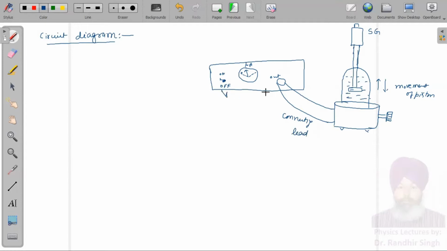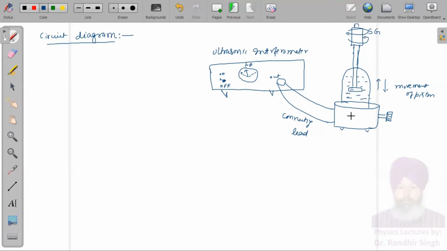This is ultrasonic interferometer. And we can rotate this screw either clockwise or anti-clockwise. So when we move this screw clockwise, it will go down. When we will move this screw anti-clockwise, it will go up.